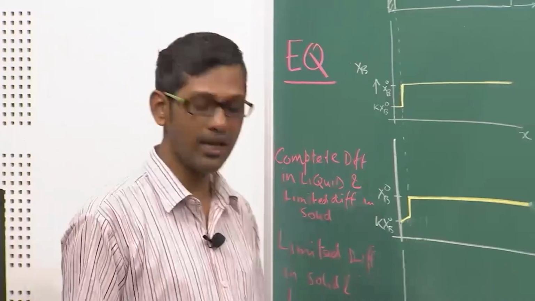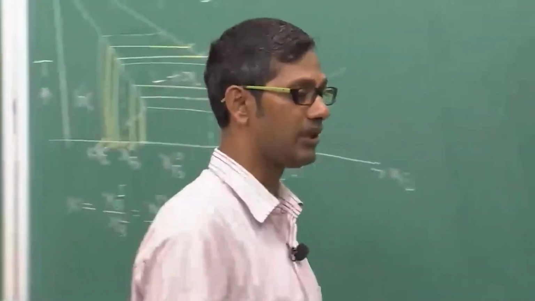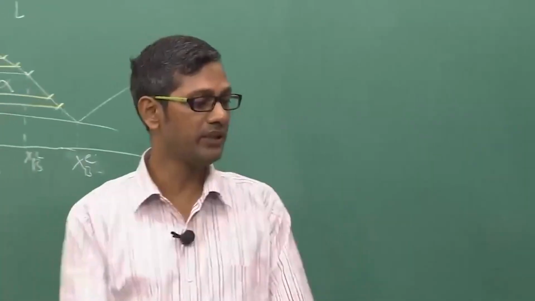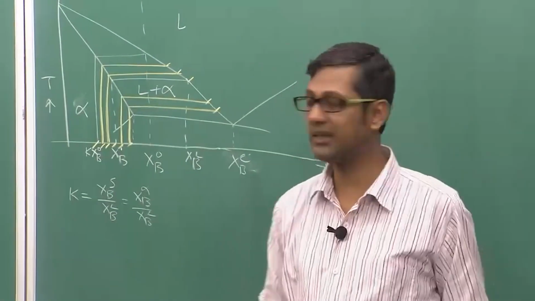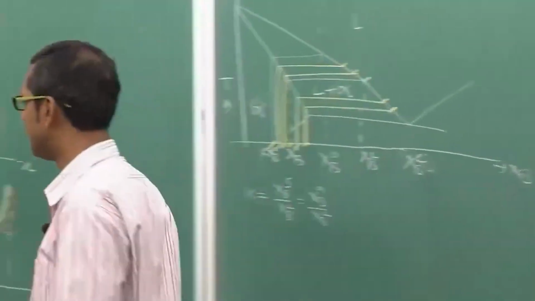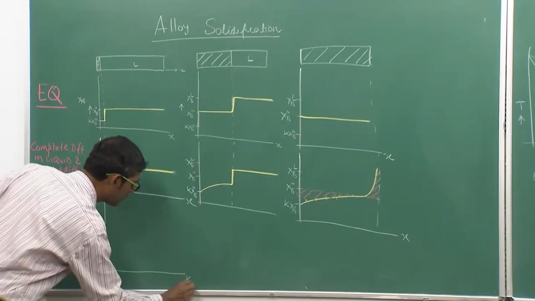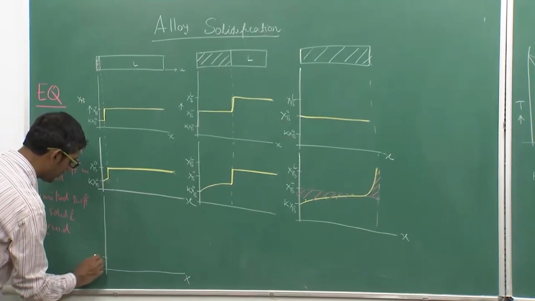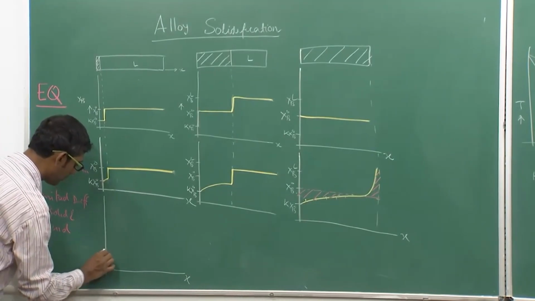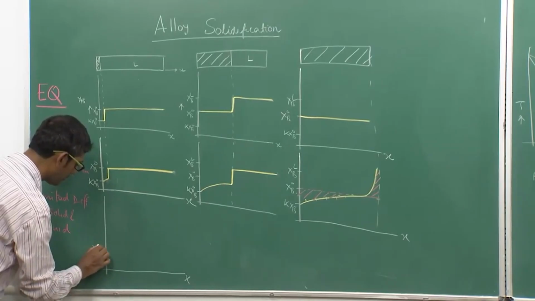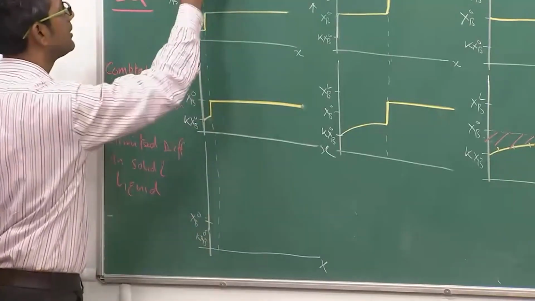So because of that we can have a situation that both diffusion in the solid and liquid will be limited. Then how things will look like? Things will be completely different, okay, as we have seen here. The major difference will be mostly in the second and third part. So first part it will be almost similar, there will not be much change. Kxp0, Xp0, okay. So this is my interface, I am drawing this thing.